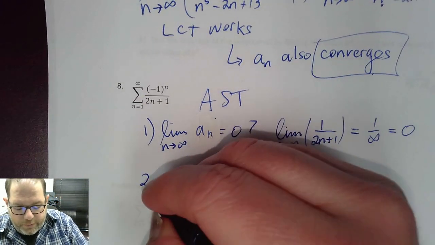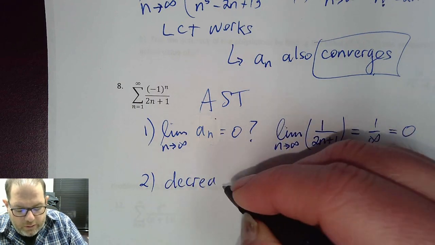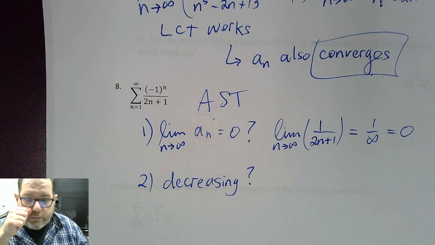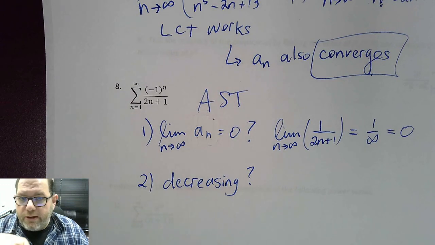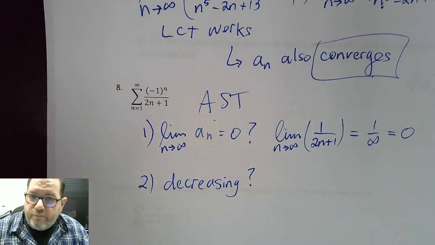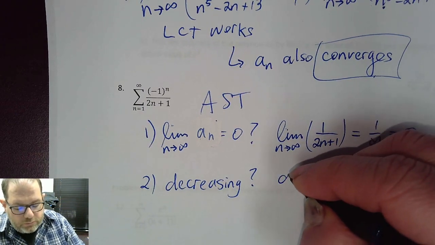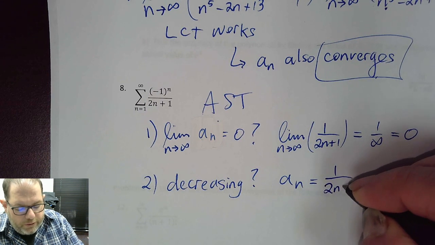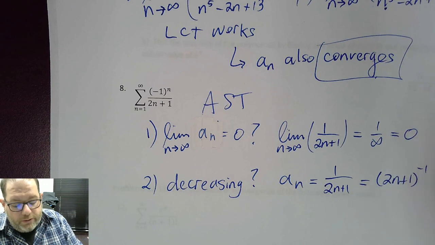The second requirement is that it is decreasing. And the way that we confirmed that it was decreasing is to show that its derivative is going to be negative for n equals 1 to infinity in this case. So we know a sub n is 1 over 2n plus 1, which we can express as 2n plus 1 to the minus 1.